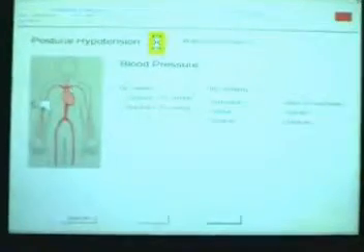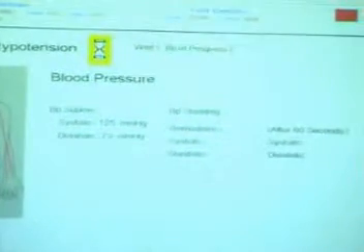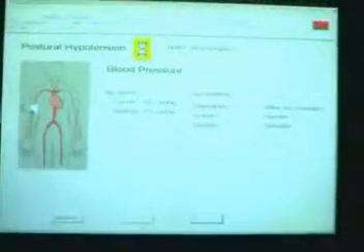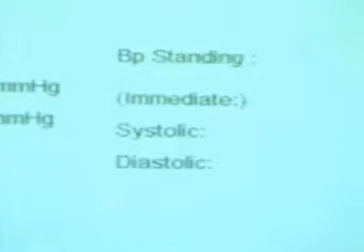His supine BP was 125 systolic and 79 diastolic. Now his BP measurement is in progress while the patient is standing. There will be one immediate measurement of the systolic and diastolic BP, and after 60 seconds one more measurement will be taken.